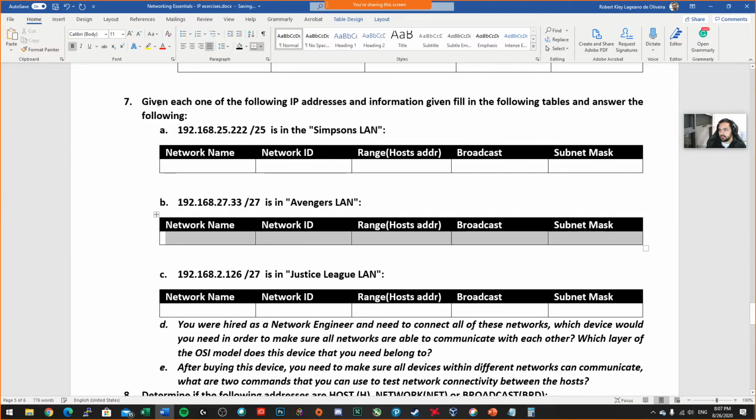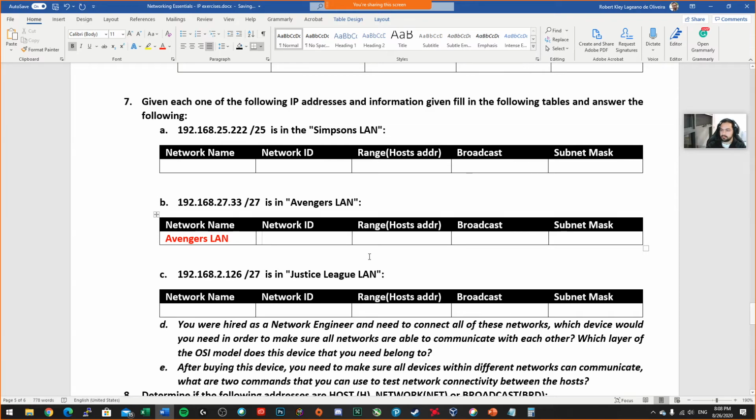It's Avengers LAN. So this is ridiculous, huh? What's the network ID of this Avengers LAN? 192.168.27.33.